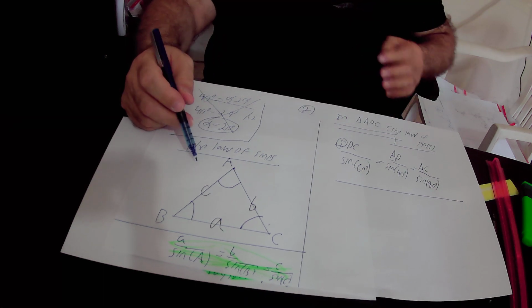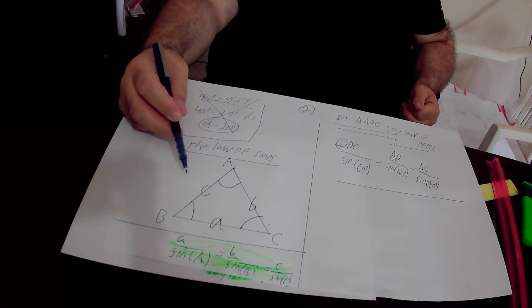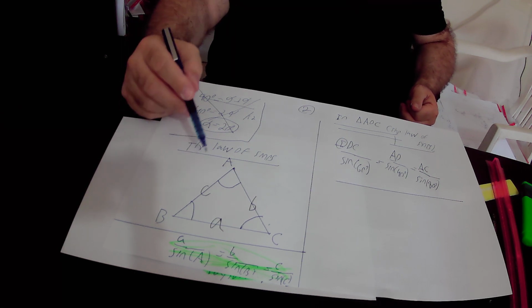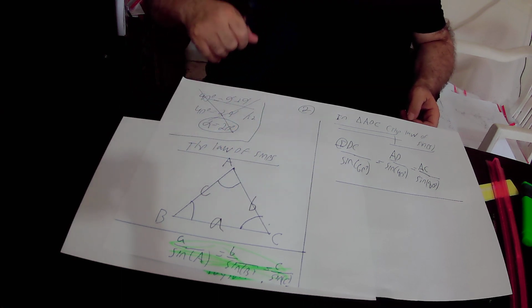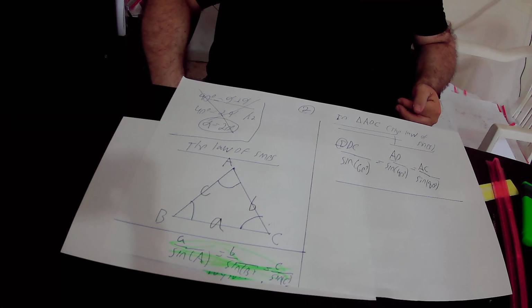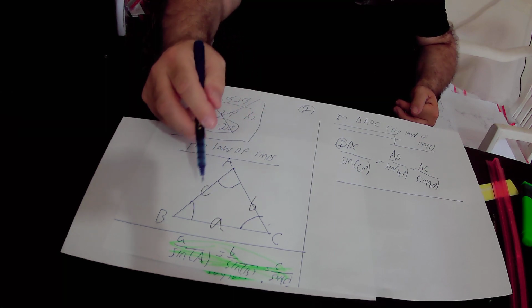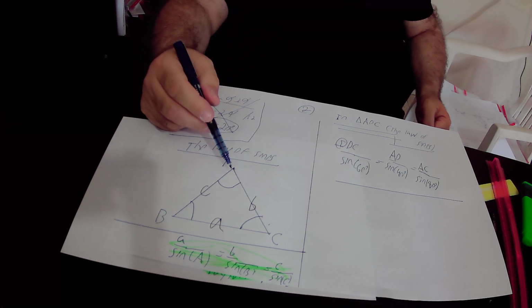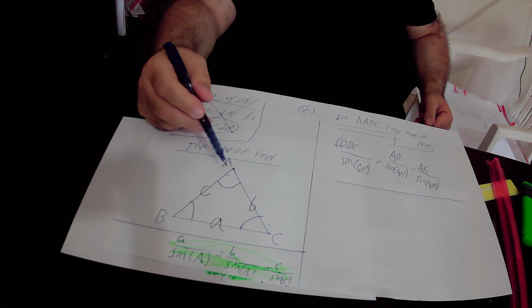So we have this triangle ABC, that could be any triangle. The length of side AB is c units, the length of side AC is b units, and side BC is a units in length. And according to the law of sines, we get that a over sine A equals b over sine B equals c over sine C. I will remind you that capital A is the size of angle BAC, this angle.